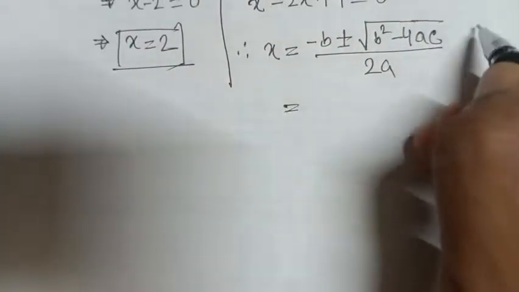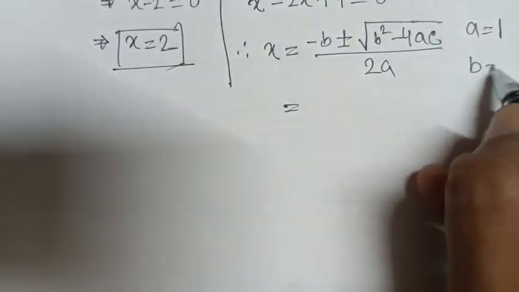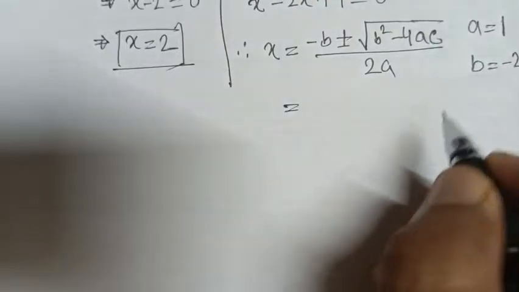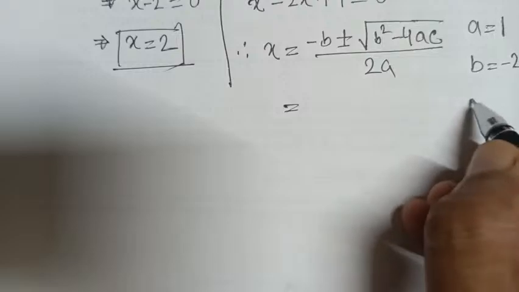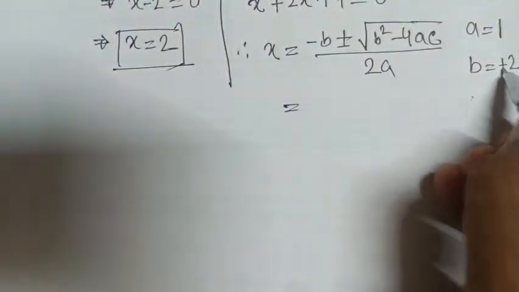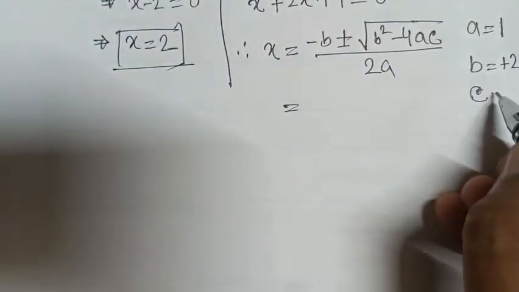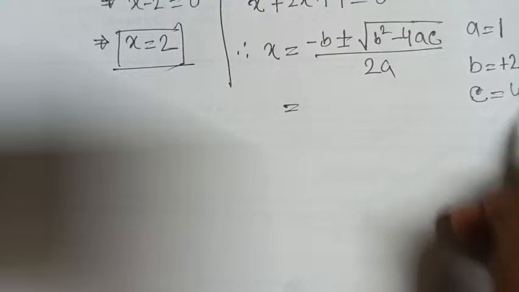If we put the values here, we get a equals to 1, b equals to plus 2, and c equals to 4 here.